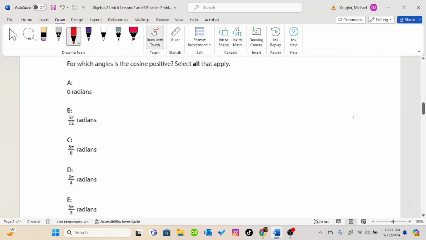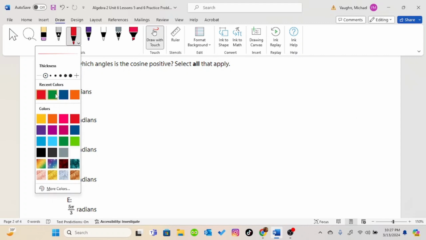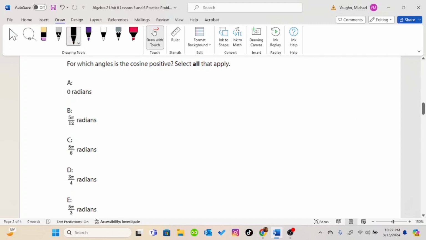On page 2, for which angles is the cosine positive? Select all that apply. So what I want you to think about is a unit circle.